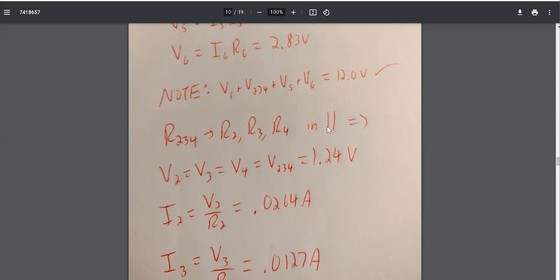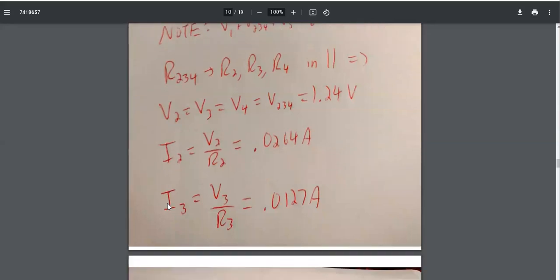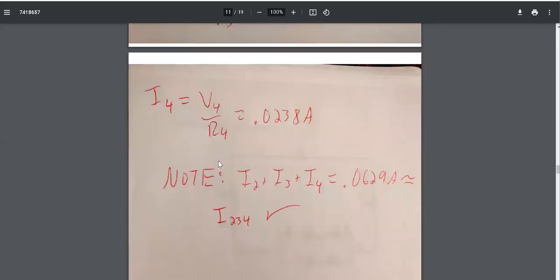Now, as I said several times now, if they're in parallel, it means they have to have the same voltage, and they have to have the same voltage as the equivalent resistor. So all of these voltages are equal, and they have to equal the voltage across R2,3,4. And then I can find the currents using Ohm's law. In each case, the current is the voltage divided by the resistance. I'll get different values for each of these.